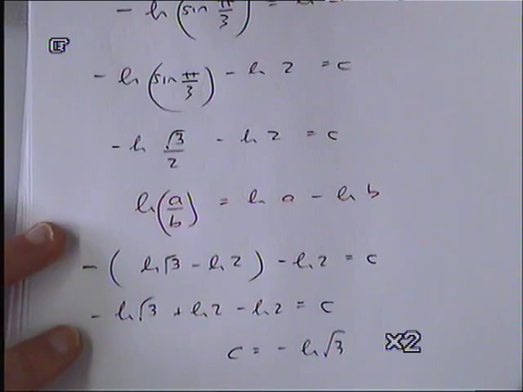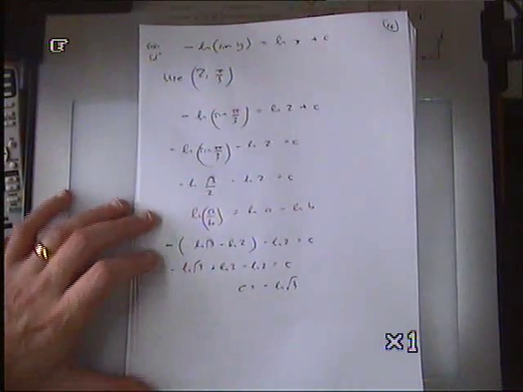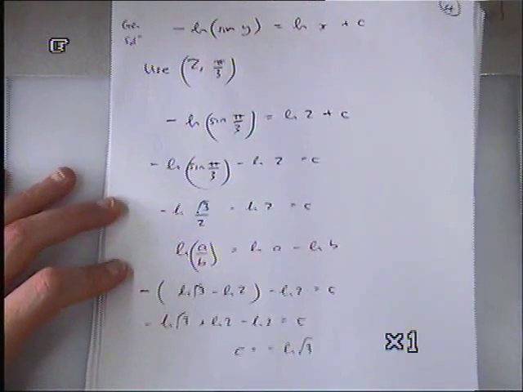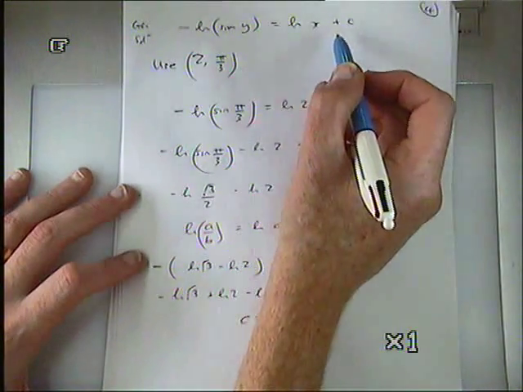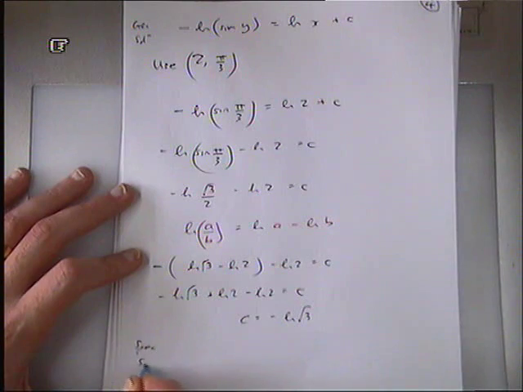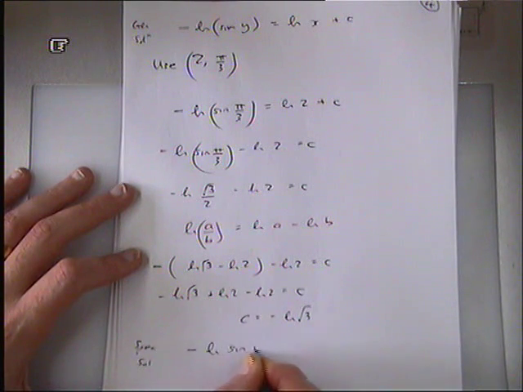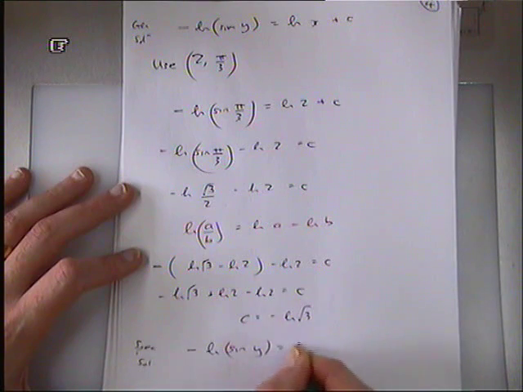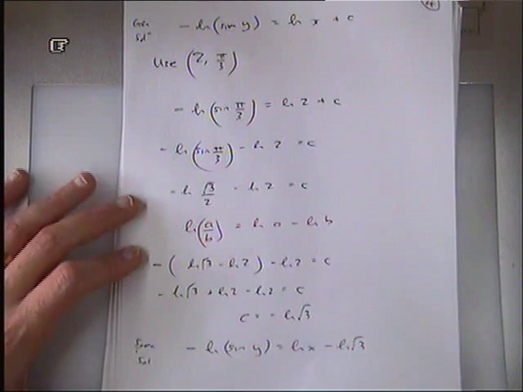Ages ago, at the top of this bit of paper, I had a general solution, and I'm now going to rewrite that general solution, but my c is that. So I'm now coming on to my specific solution, which is minus log sine y equals log x minus log root 3.